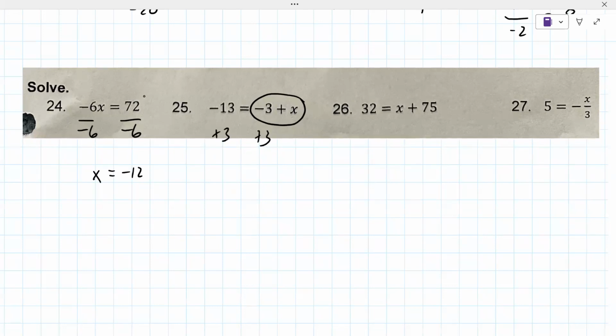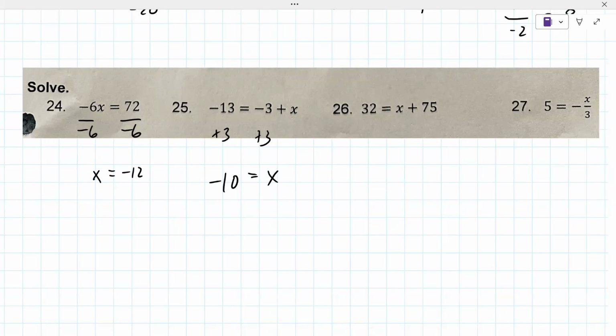You're adding 3 to both sides. You're looking at it, it's not the plus next to the x. That just means the x is positive. Oh, that's right. Okay, now it makes more sense. So -10 equals x.